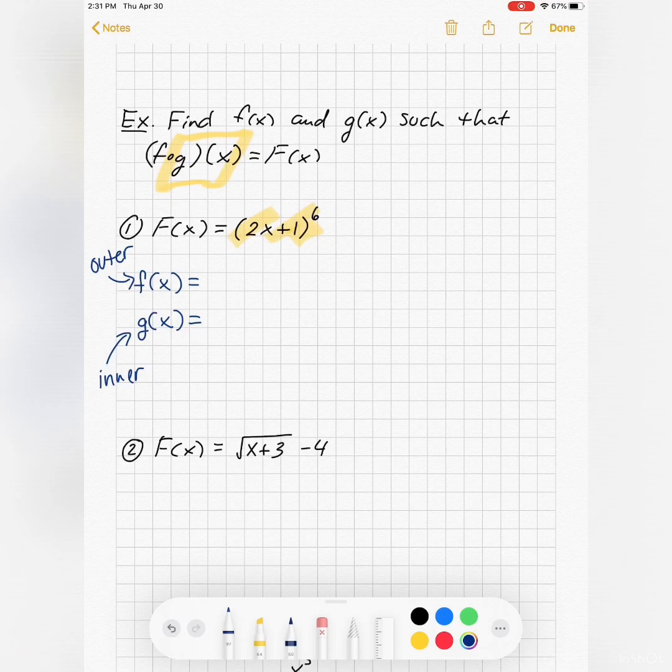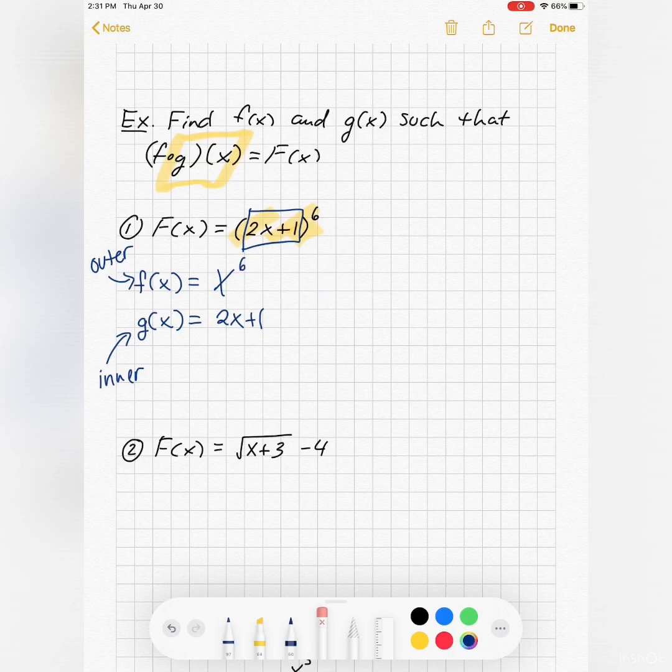So with these, there are really multiple options. My thought is, well, I just kind of look at the composition. I say, what really looks like it's the inner piece? And my first thought is to choose 2x plus 1 as the inner piece. Then I'd say, what would I have to do to 2x plus 1 to get back this composition?